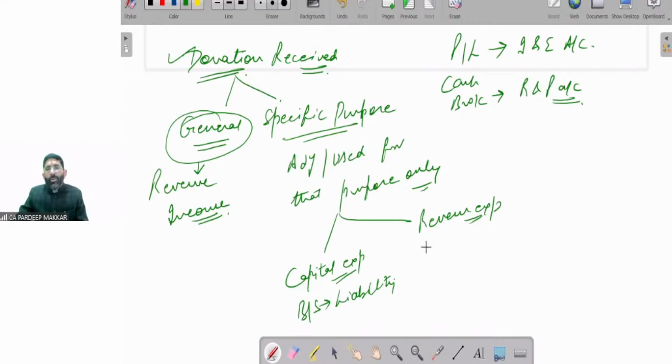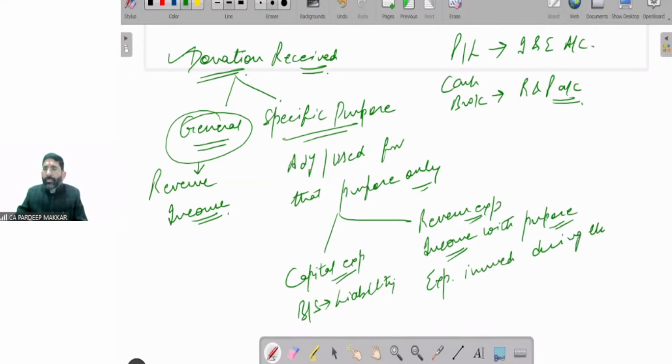In that case, it will go to the income side, with the purpose mentioned specifically, and the respective expenses incurred during the year will be deducted from it.